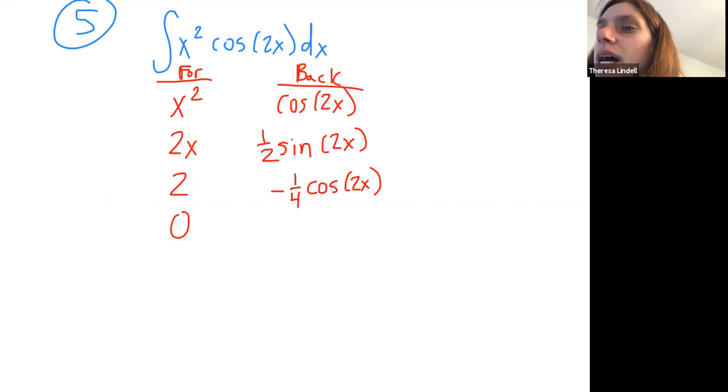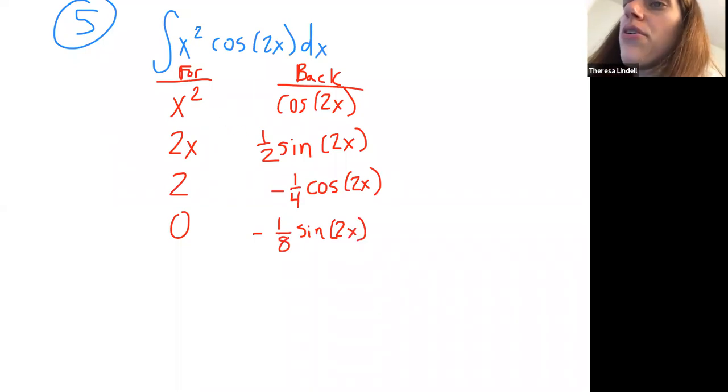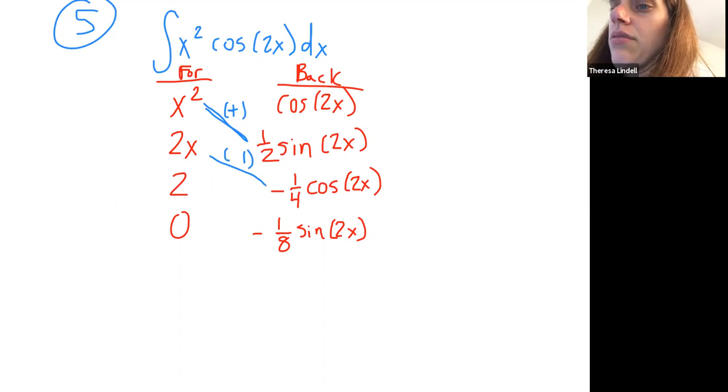And then backwards from that is negative sine, and you have to attach another 1/4, so it's 1/8. But then you're going to multiply these and have them be positive. Multiply these and have them be negative. And then multiply these and have them be positive.